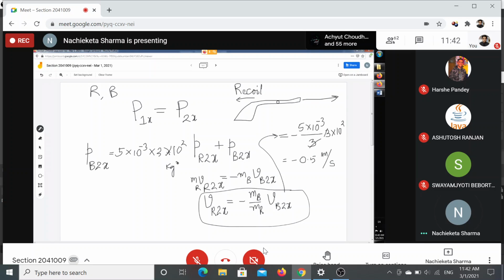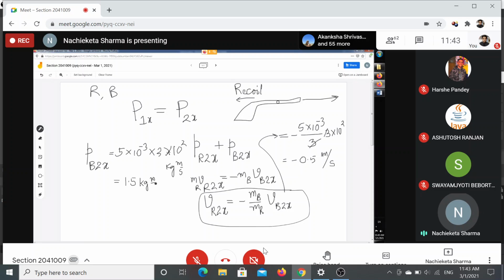So from here 3 into 5 is 15, so 1.5 kg meter per second. This is positive, that means the momentum is directed along the positive x-axis.